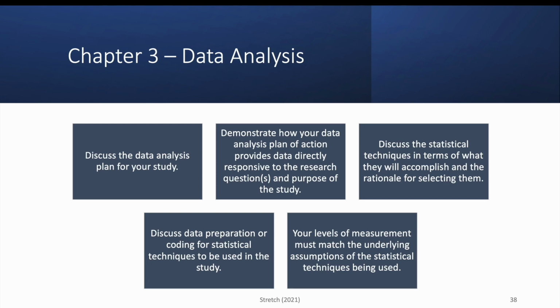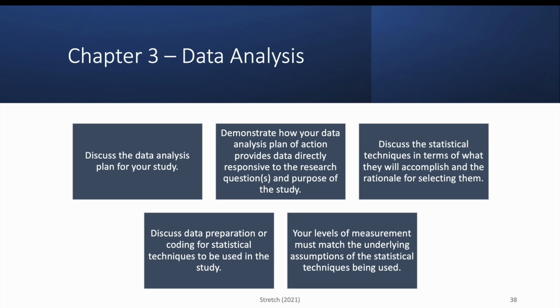This is an important check for your methodologist and you, because the level of measurement that your data is in is going to determine the type of analysis that you use. So if you have collected information that is nominal, but you were planning on running a Pearson correlation, that's going to be a problem, because Pearson correlation requires that you have continuous variables, not nominal, right?